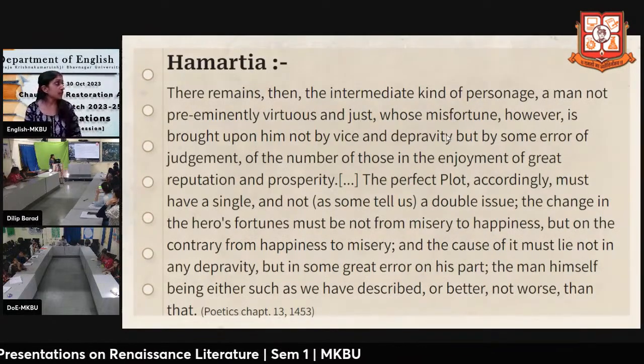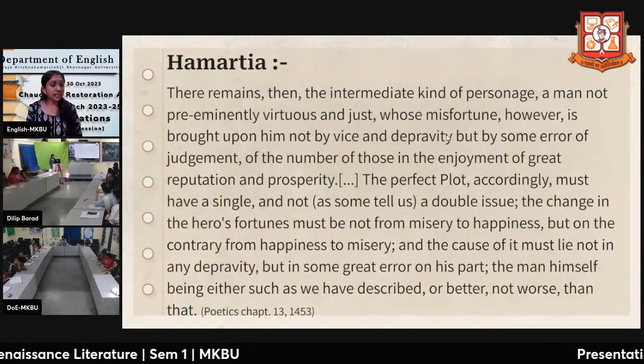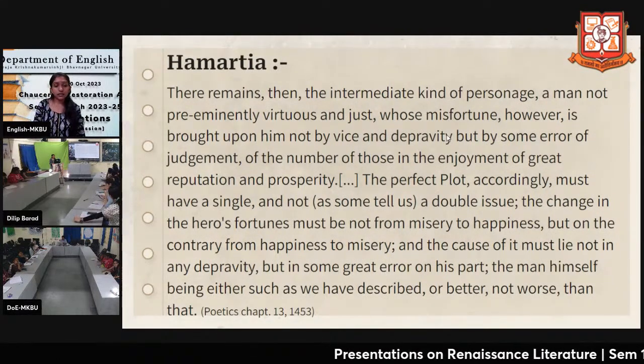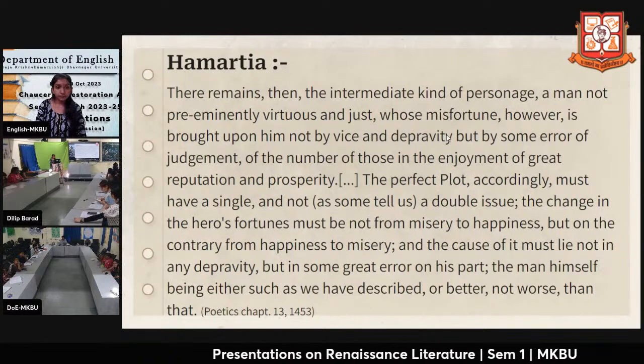This is the statement by Aristotle in his book Poetics.